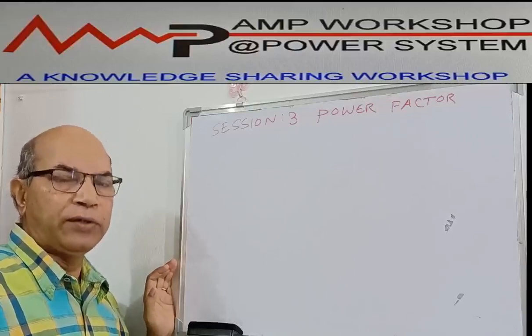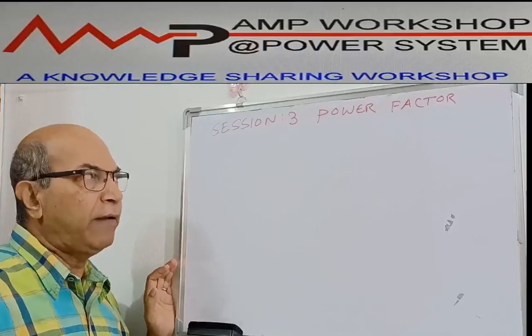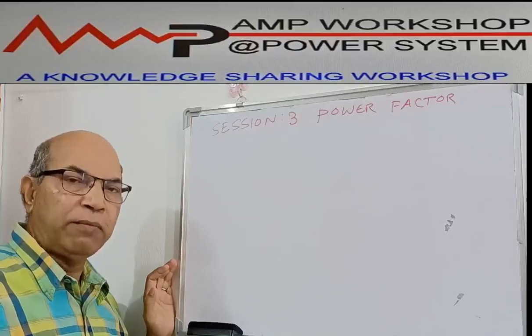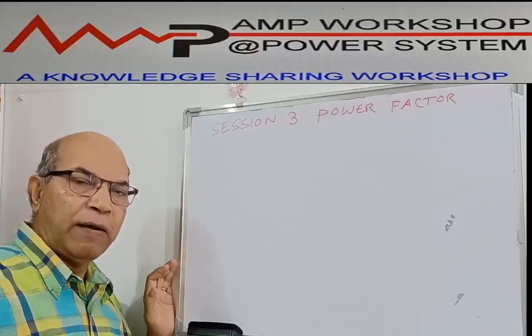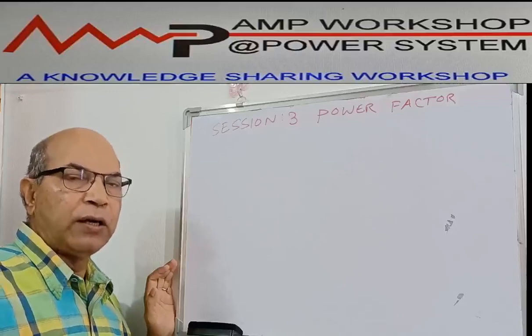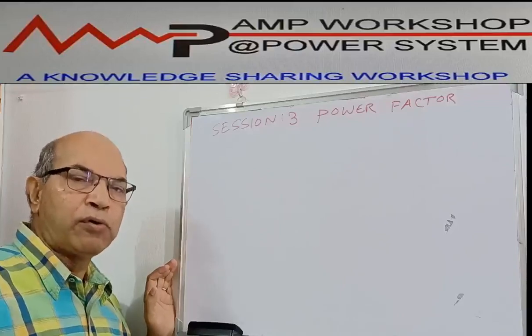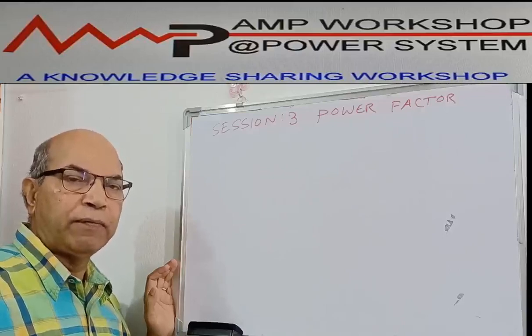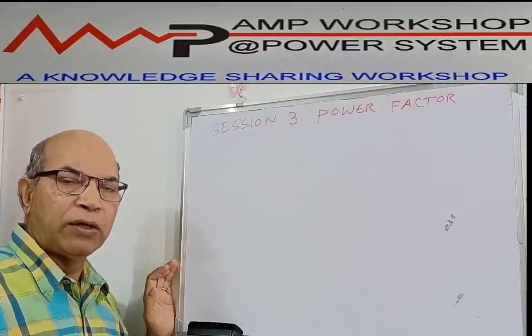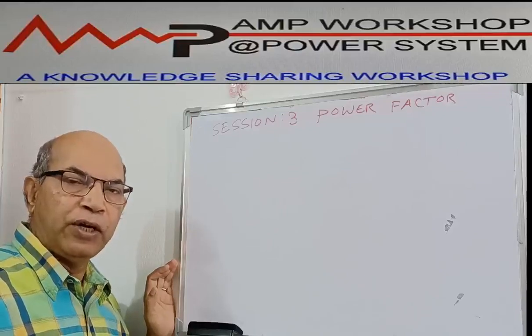So it is a very basic and very important parameter to reduce the footprint, because at the end of the day, the active power, which produces work, is produced from different types of fuel, either coal, diesel, gas, or other forms of energy.